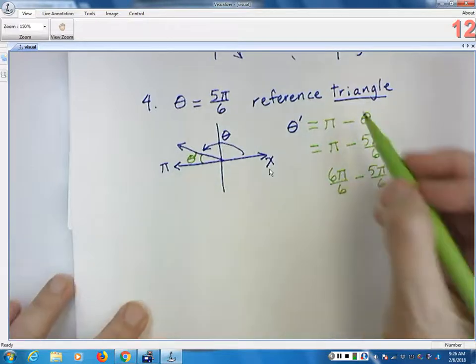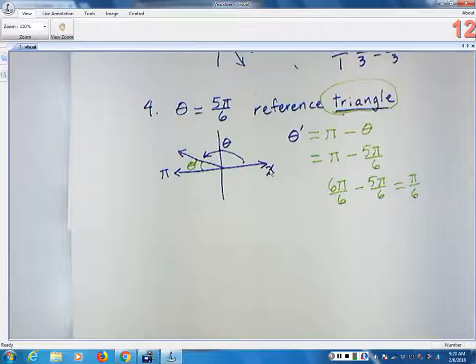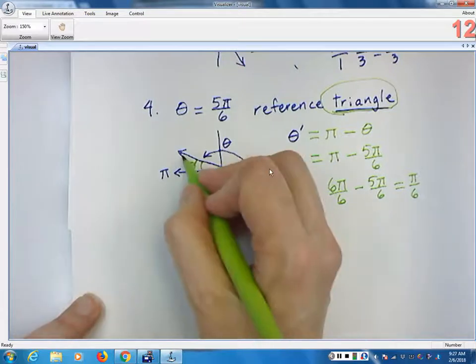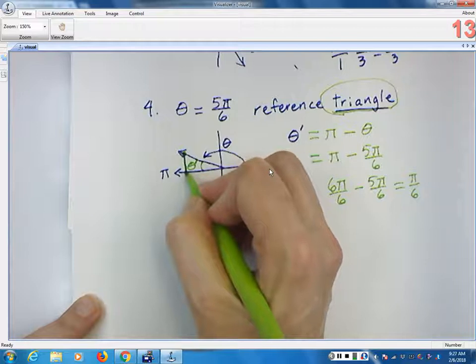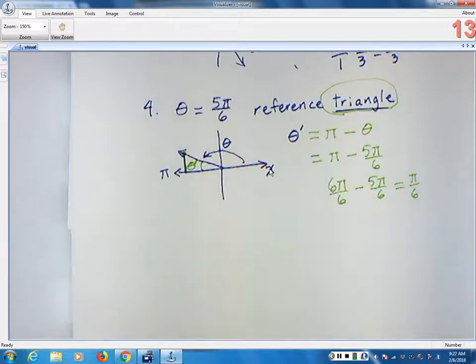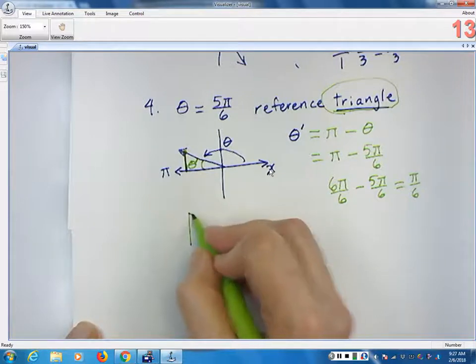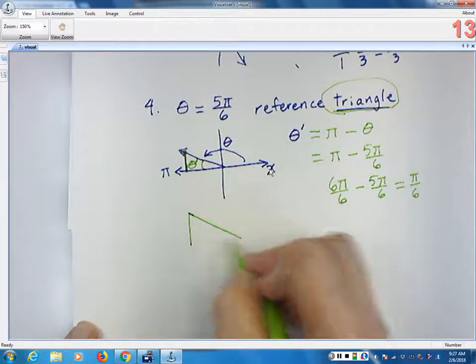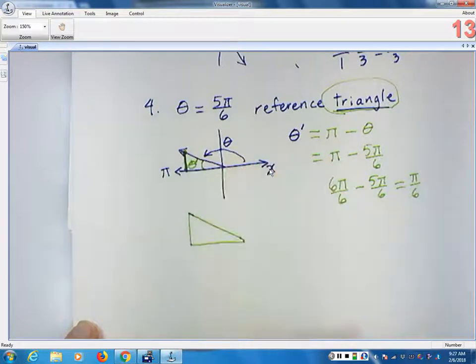Okay, that's just the first part. It said the triangle. So what's the reference triangle? That's where we draw a straight line from a point up here. It doesn't matter. We're going to make that like that. The reference triangle, right up here, I'm going to make it bigger over here. It's always down like that. This is the right angle. Okay, so what is pi over 6?